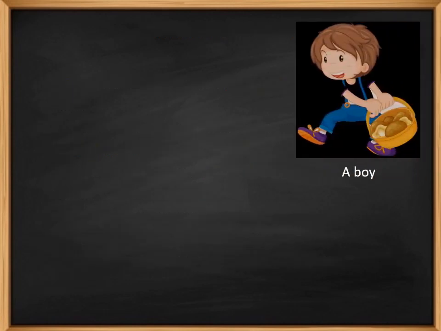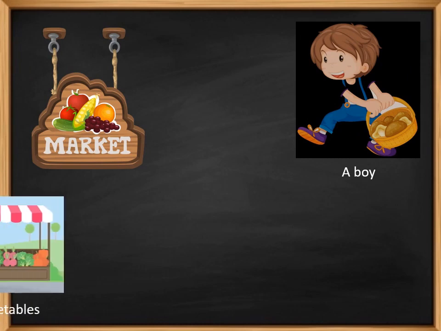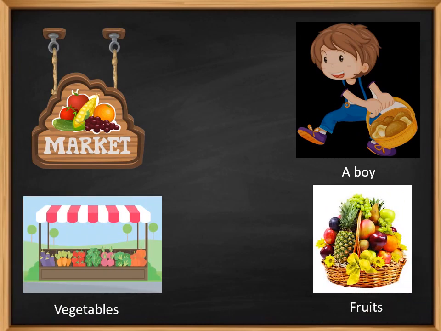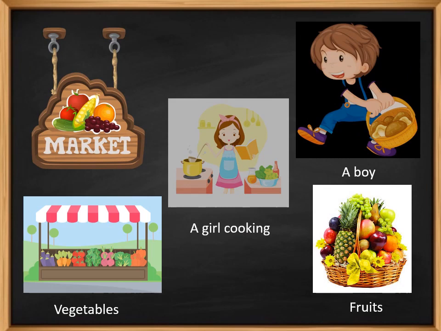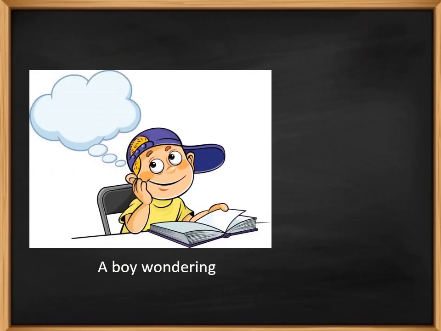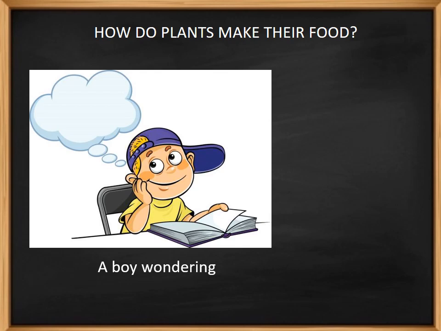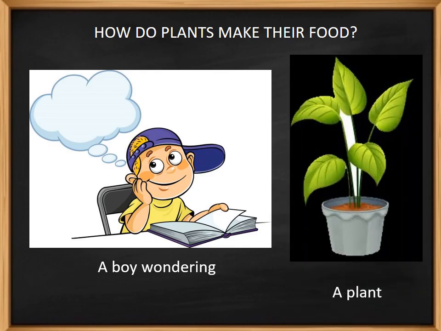We human beings can go to the market and bring vegetables and fruits and the other materials required and cook food by using different methods. But children, have you ever wondered how plants prepare their food, as they are also living things like us?